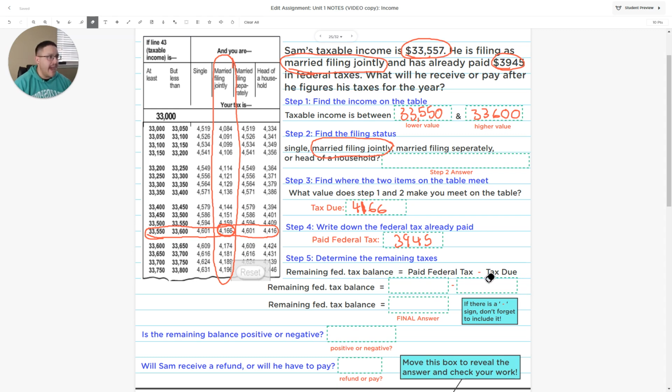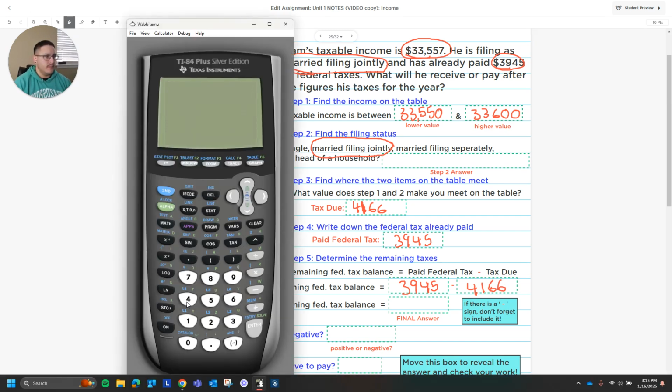We put what he paid already minus what is due. So 3,945 minus 4,166, which is negative $221.